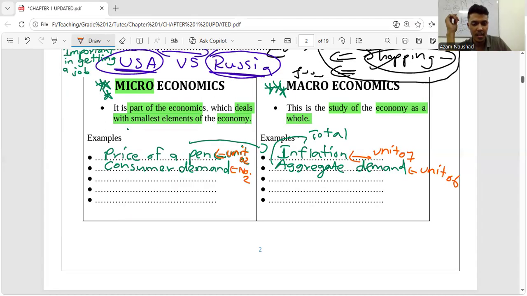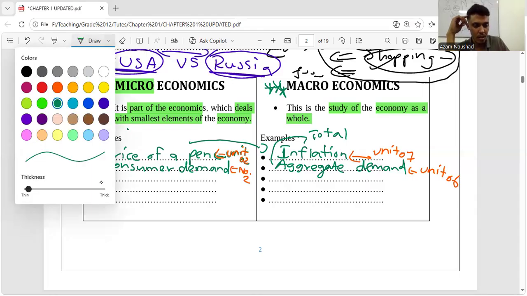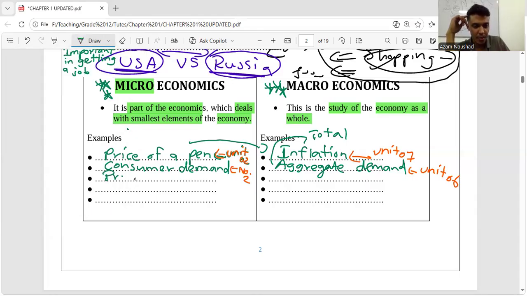Okay. So third one, write down production of a firm. So you can go like unit number 4. Production of a firm, a single firm. See this one? Consumer demand, a single person is being considered.